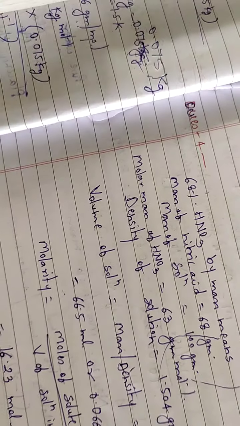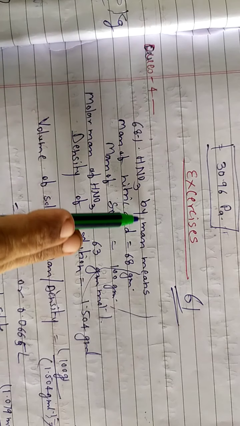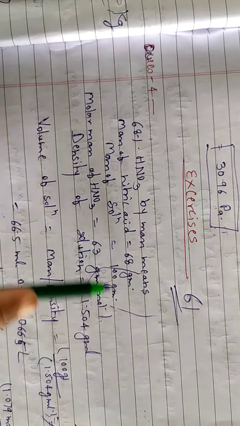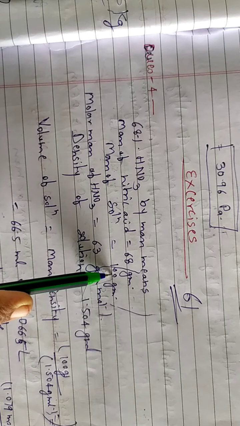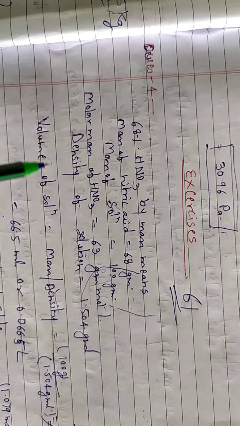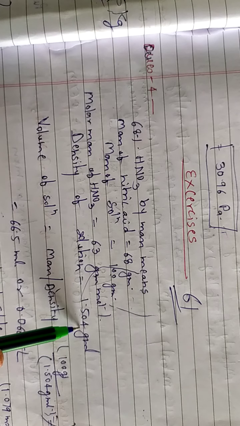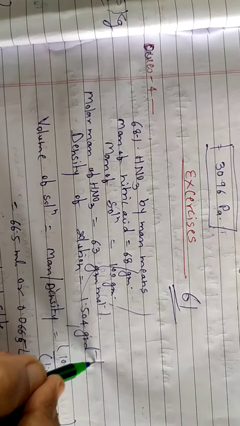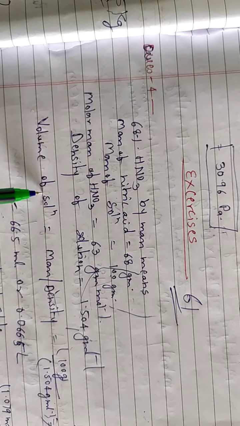Now we will try to solve the sum, very easy. Here 68% of HNO3 by mass means 68 grams per 100 grams, so the mass of solution is 100 grams. The molar mass of HNO3 is 63. The density of solution is given as 1.504 gram per ml.